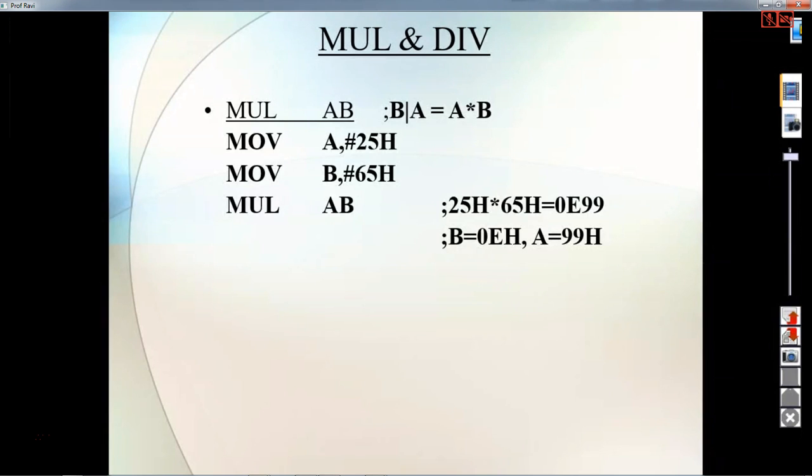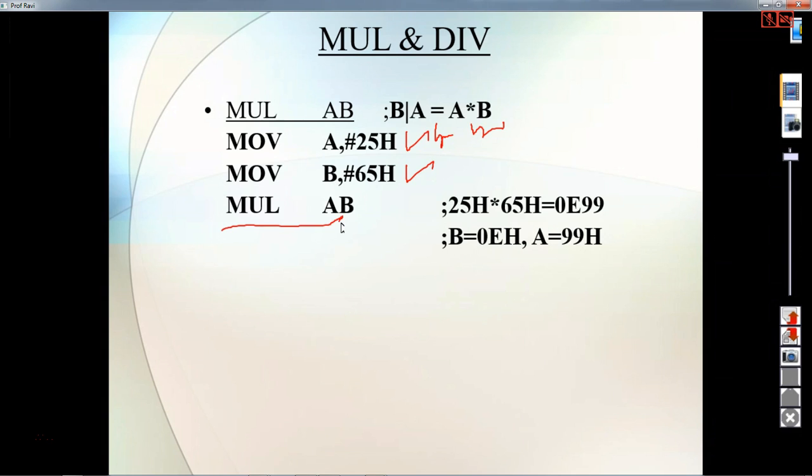Coming to the multiply and divide instructions: MUL AB means the content of A and the content of B are multiplied and the result is stored. Suppose 25H and 65H are the contents of the accumulator and B register.